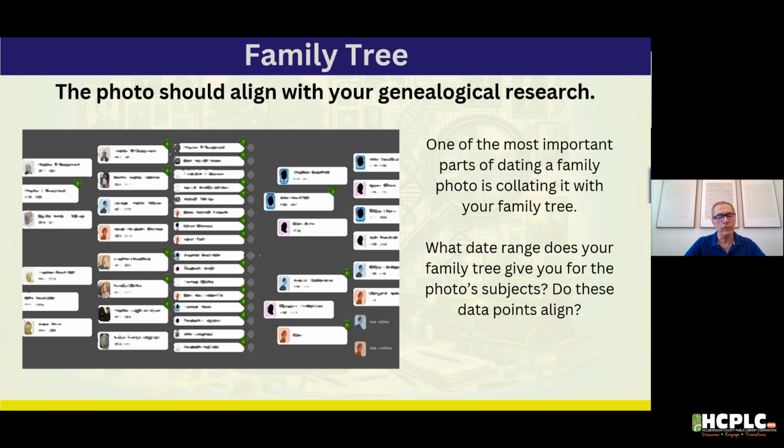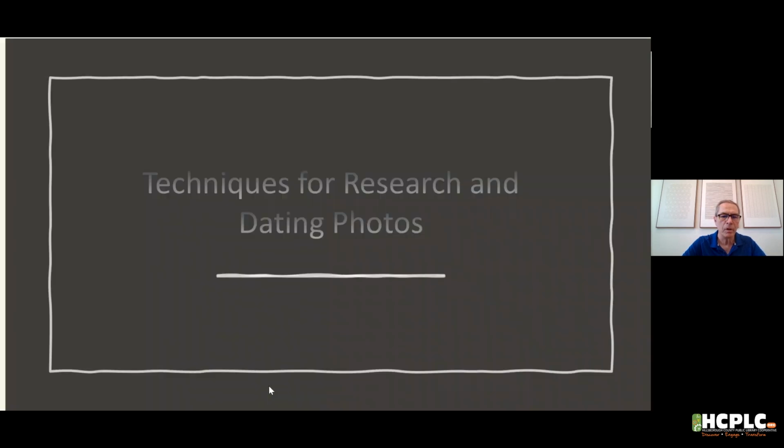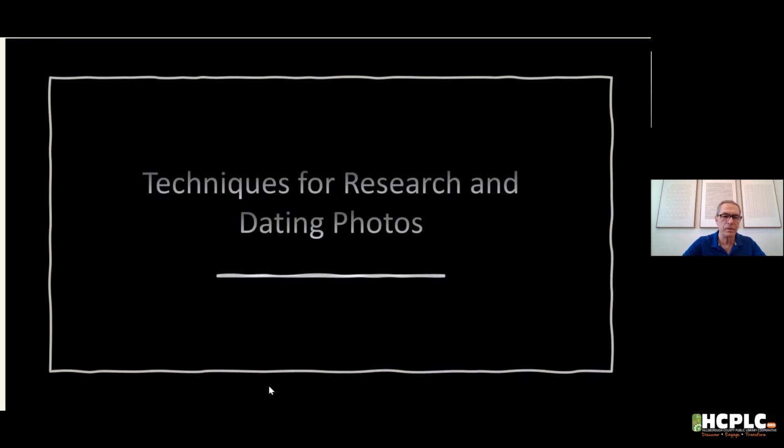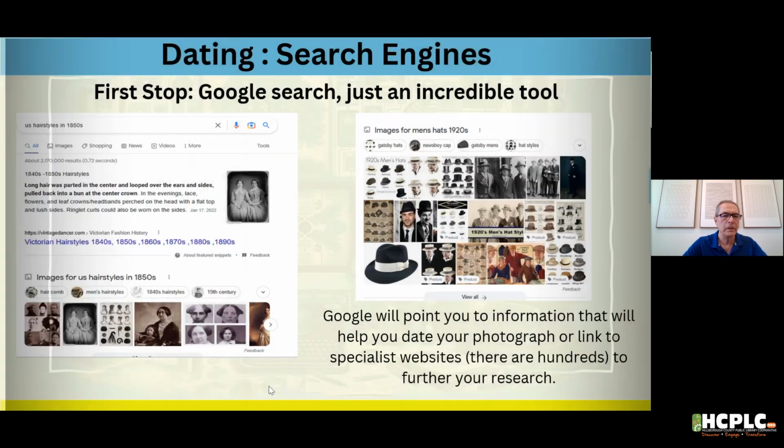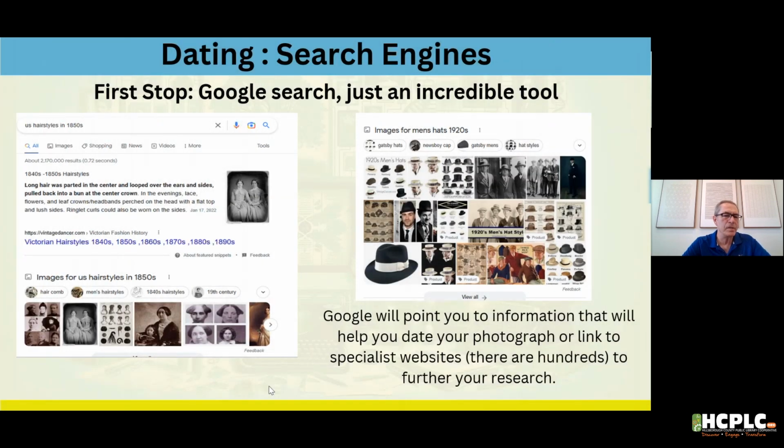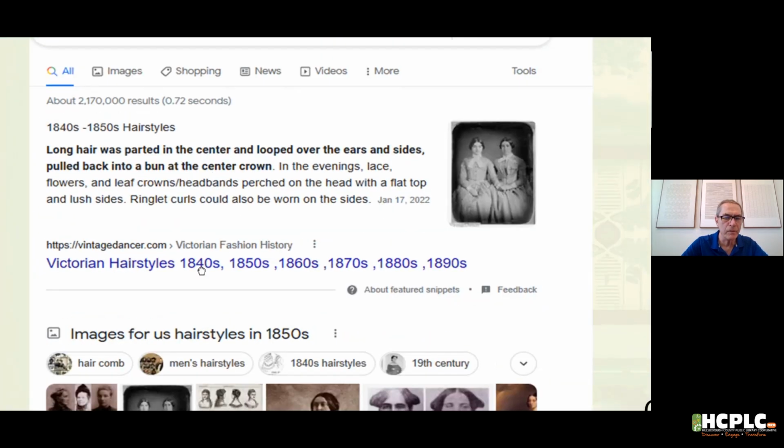So now we've looked at the photograph types, we've looked at types of dating techniques. We can look at how we can get more information on using those techniques. So let's go along. And there's probably no surprise here that the first step is Google or Bing, depends what your favorite is. I can start Googling, give me images of hats for the 1950s, and we can see all the different images.